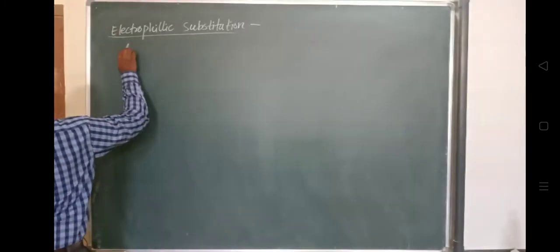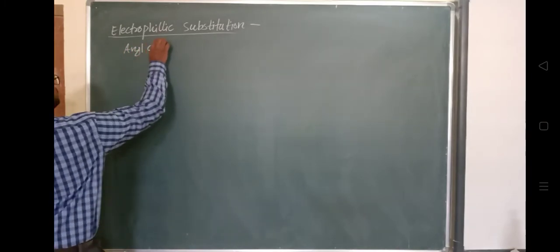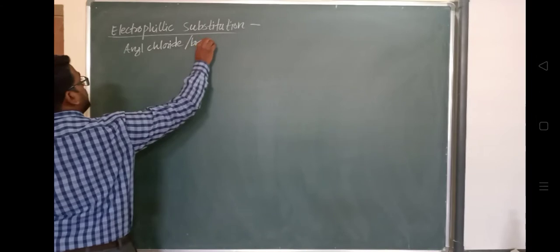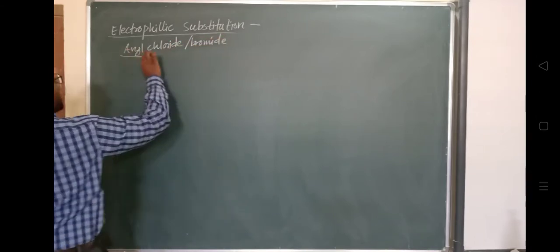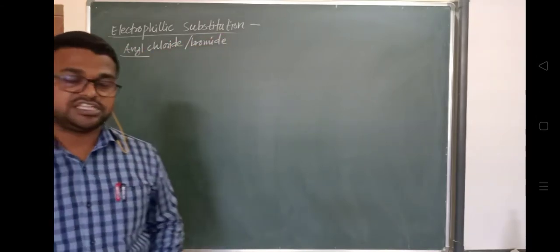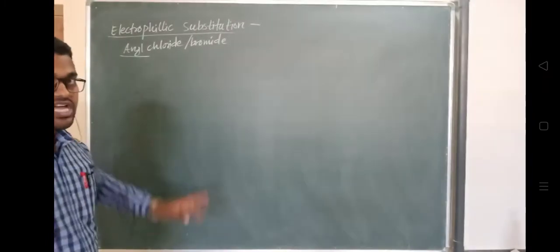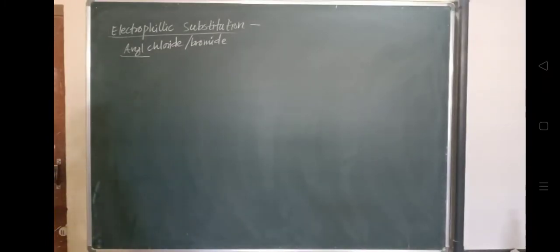I'll write here first, aryl chloride or aryl bromide. Aryl compounds have a benzene ring, as we have already studied in the classification. So these aryl chlorides and bromides can be prepared by halogenation of benzene.